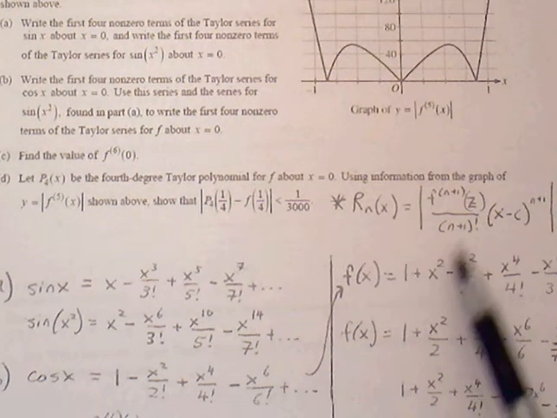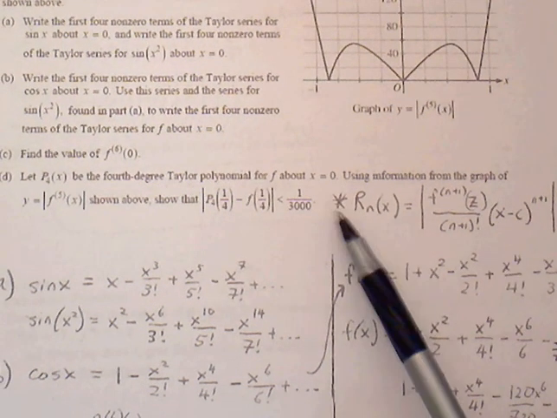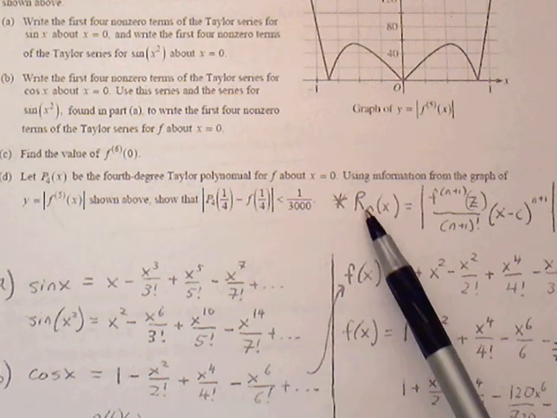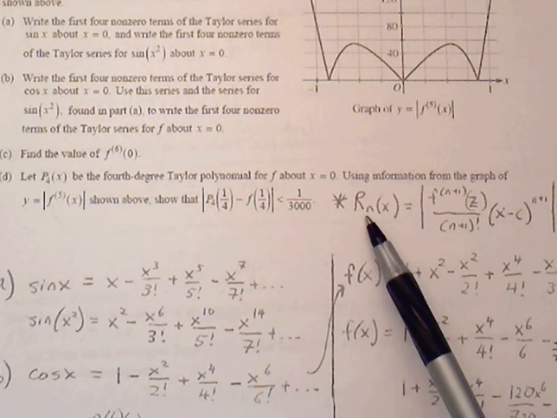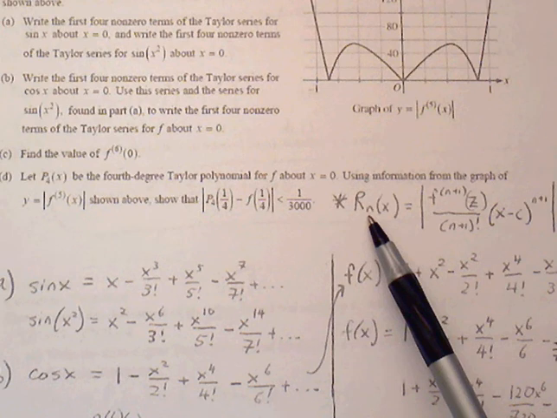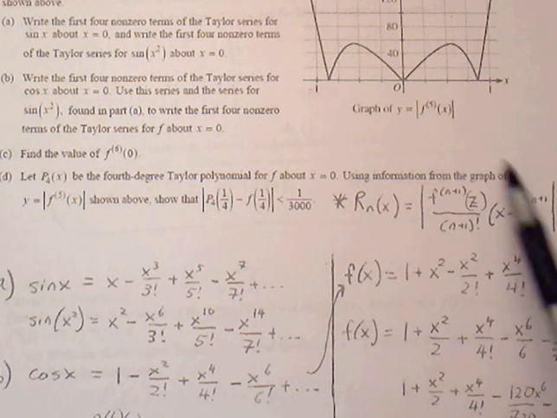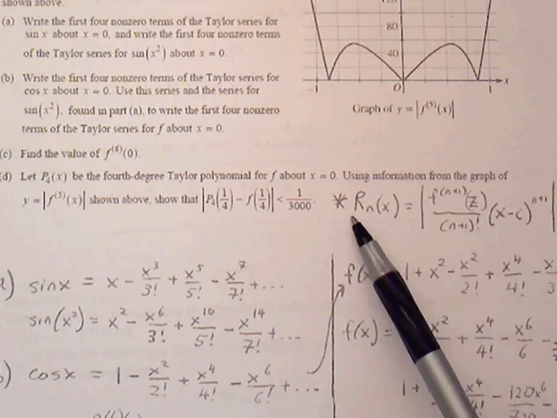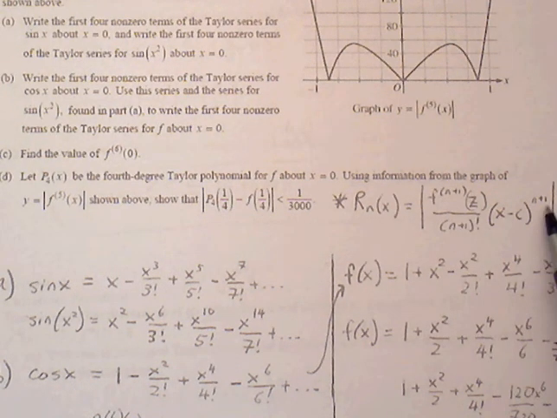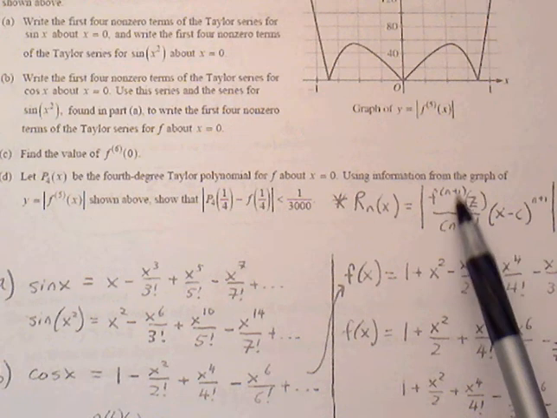So we know that we're dealing with the 4th degree Taylor polynomial, so we're going to have to match that with our remainder as well. So that means our remainder n value must be 4, and then we can plug the rest of this information in. If this n is 4, then that means everything inside here will be pushed to n plus 1, which will be 5. So I'm going to fill that in here.